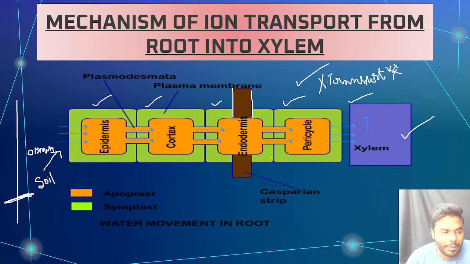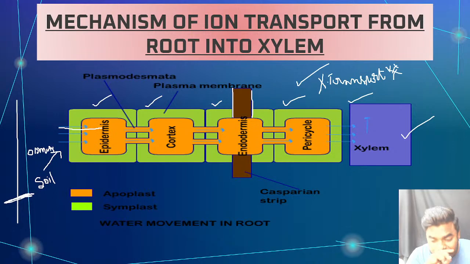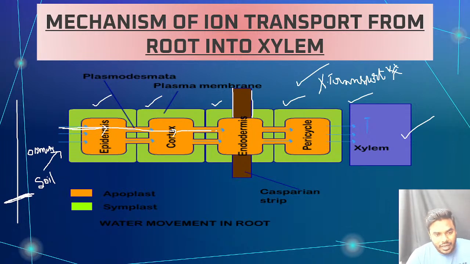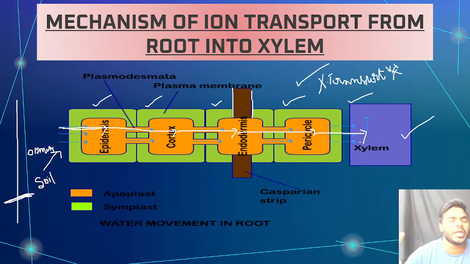Now every student pay attention. Whatever I am drawing in the white color, this is the movement of water molecules via the symplastic pathway. You only try to understand. The water molecule is moving from epidermis to the cortex, cortex to the endodermis, endodermis to the pericycle. Finally, they entered into the xylem.